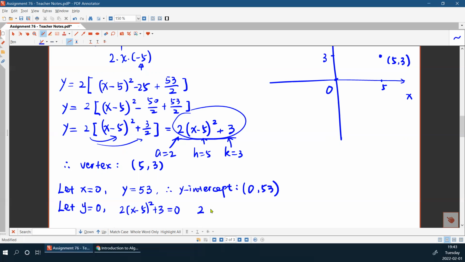That means (x minus 5) squared equals negative 3 over 2. Apparently, something squared cannot be a negative number in the real number set, right? Therefore, no solution in the real numbers, therefore no x-intercepts.